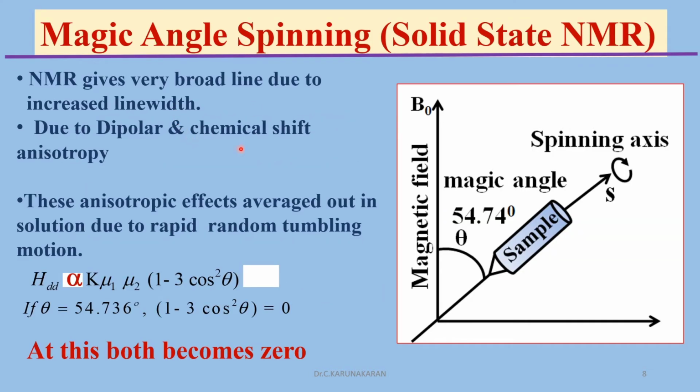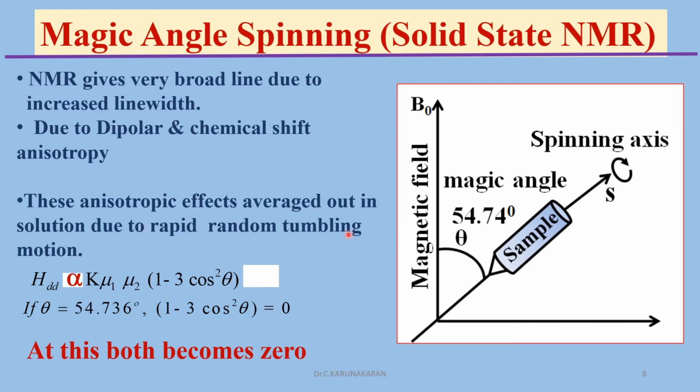Here we will study what magic angle spinning is and why it is important in solid state NMR. In the solid state, the compound gives a broad line in the NMR spectrum because of increased line width due to fast spin lattice relaxation, dipolar interactions and chemical shift anisotropy.